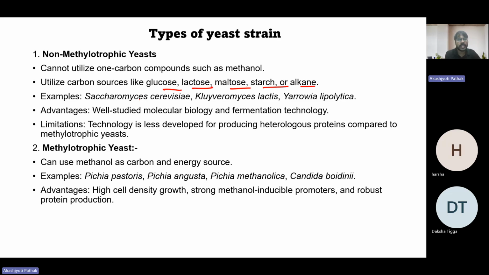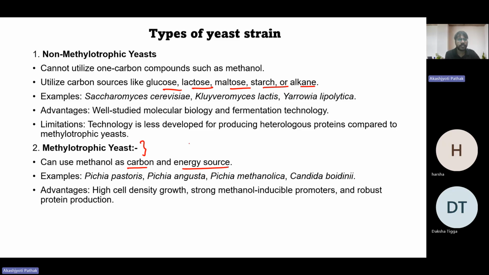Cultures of Saccharomyces cerevisiae, K. lactis, Y. lipolytica are non-methylotrophic yeast, so you have to provide all these different nutrients in the media. You cannot just culture it in methanol. But if it is a methylotrophic yeast, then you can use methanol as the carbon and energy source.